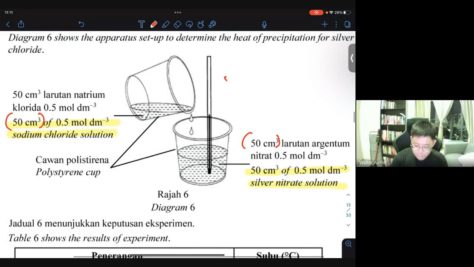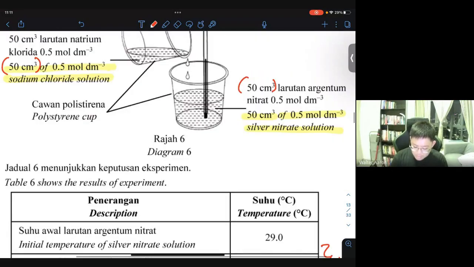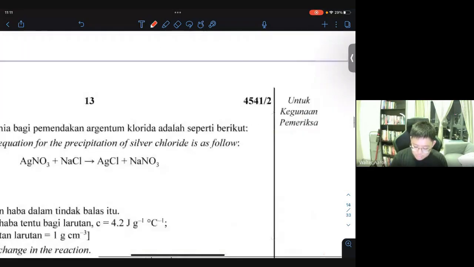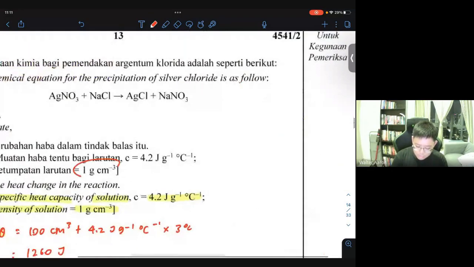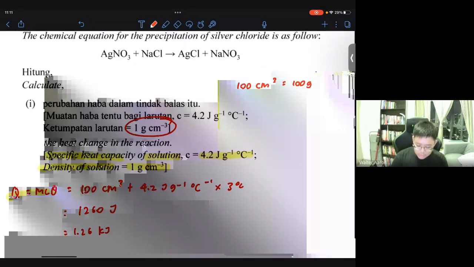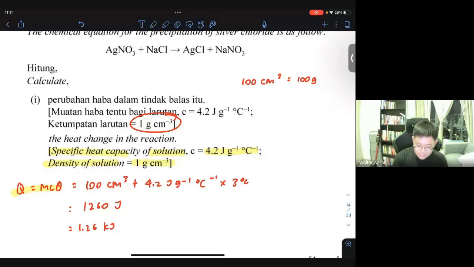So obviously 50 plus 50 is 100 cm cube. And the question asks you to assume that the density of the solution is 1 gram per cm cube. So therefore, 100 cm cube of solution is technically equivalent to 100 grams. So that's why I put here, this is supposed to be 100 grams.